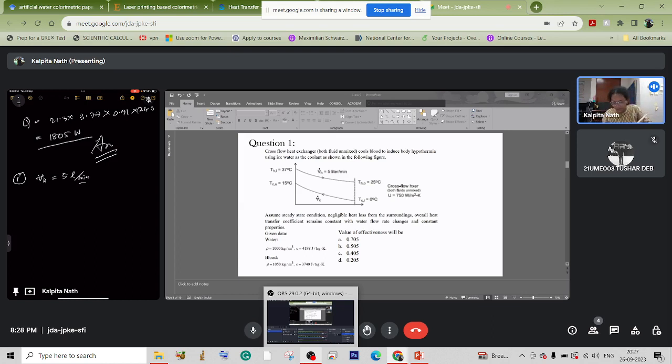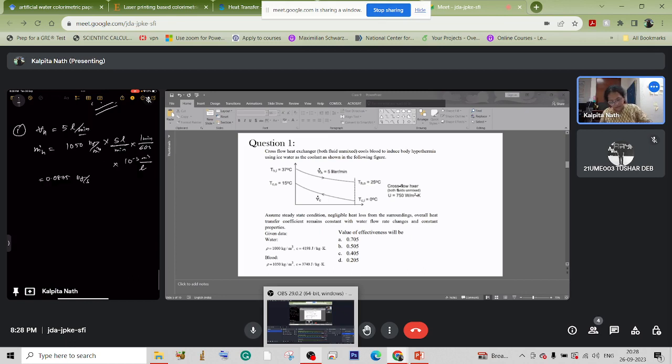So the mass flow rate of hot fluid will be 1050 kg per meter cube into 5 liter per minute into 1 minute upon 60 second into 10 to the power minus 3 meter cube per liter. So this will come out to be 0.0875 kg per second.